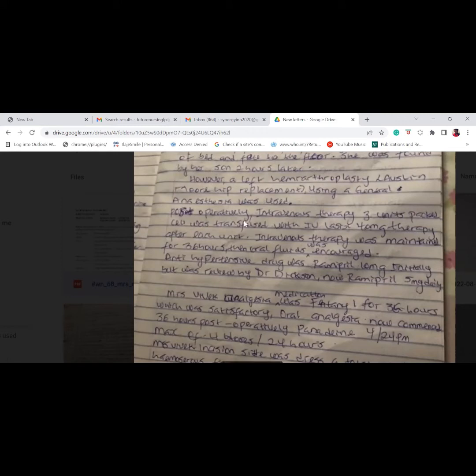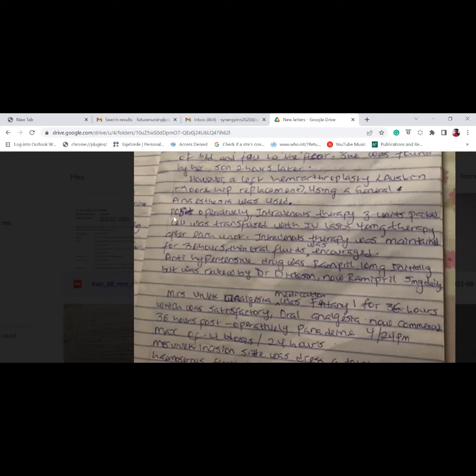Third paragraph: postoperatively, she had intravenous therapy, about 3 units of packed cells was transfused with IV Lasix 40 milligram after each unit. So let's look at this construction because it looks too long.